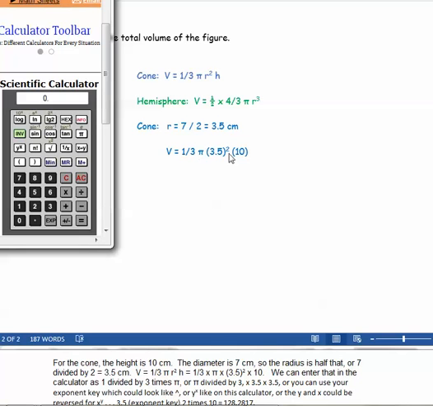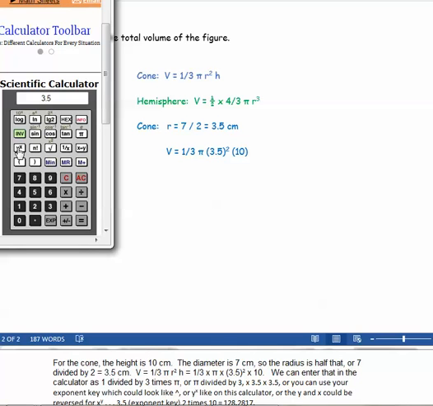We can enter this in the calculator as 1 divided by 3, then times pi, or another way to do it is enter pi first and enter pi divided by 3. Then times 3.5 squared. You can enter times 3.5 and type times 3.5 again for the squared, or you can use your exponent key, which could look like this little up arrow caret, or on this calculator it's this button here, y to the x.